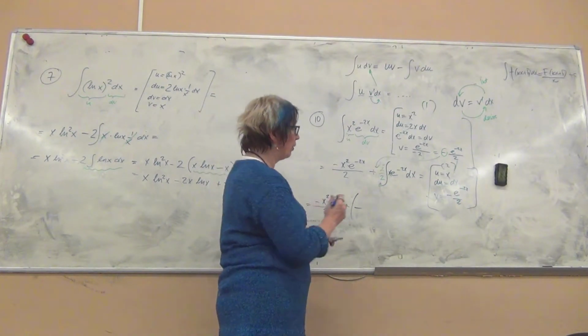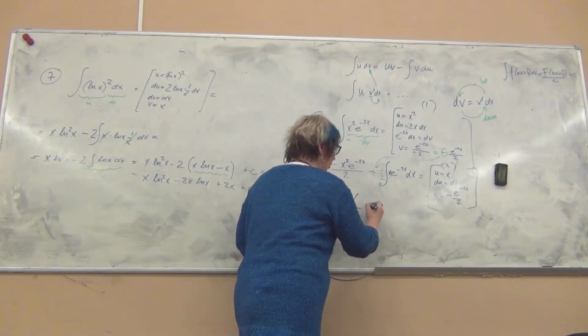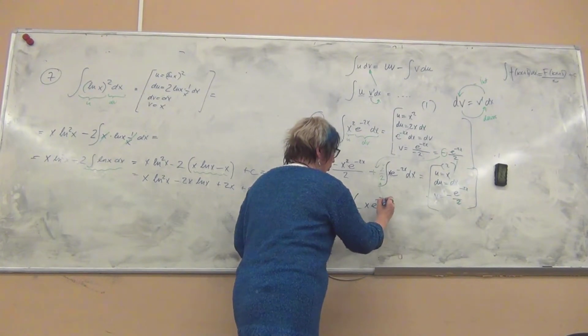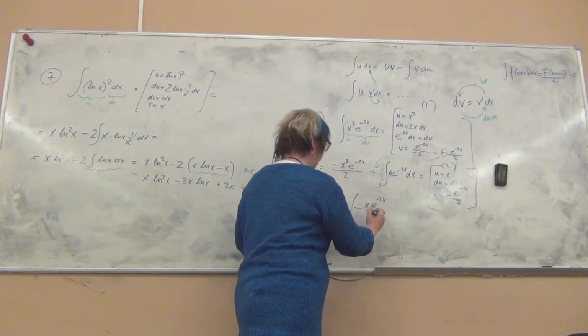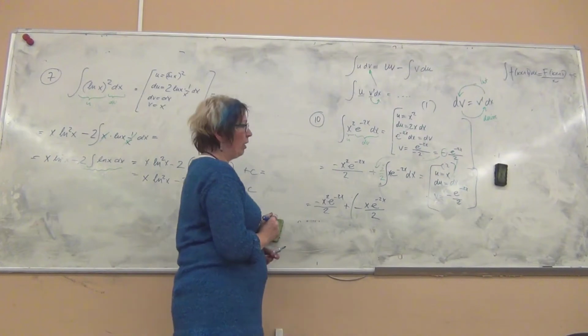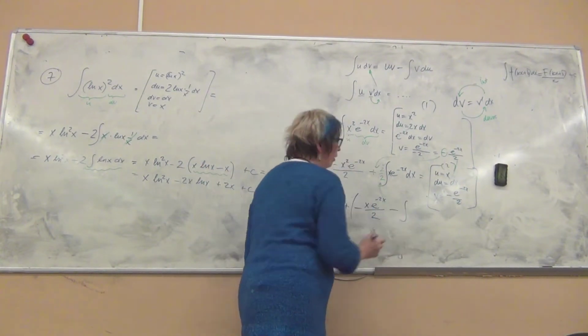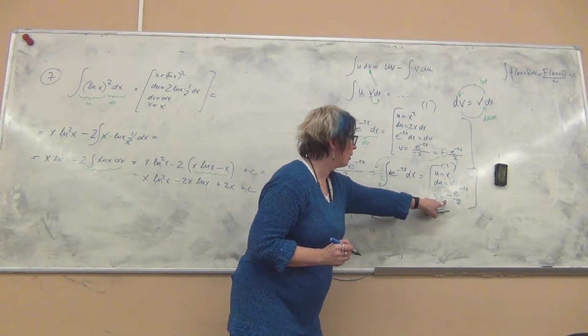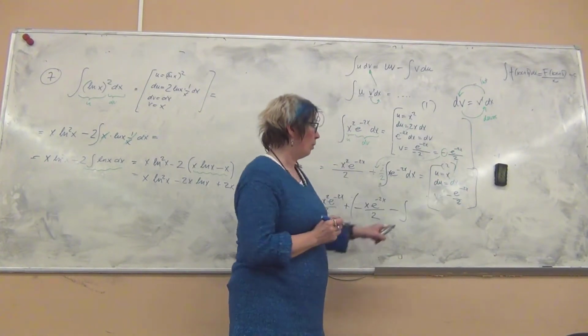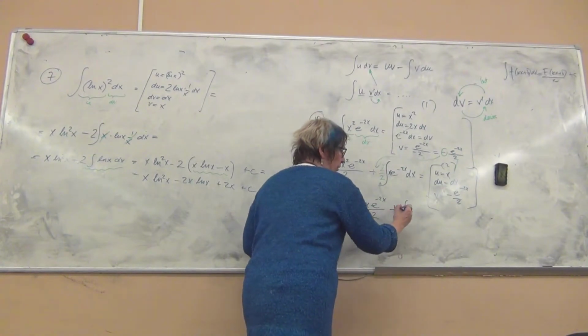To make things easier. uv, so it will be x times e to the power minus 2x divided by 2. Again division by 2. Minus integral v du, so minus 1/2 makes it plus 1/2 there.